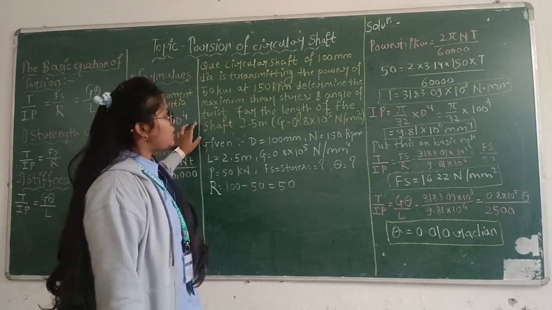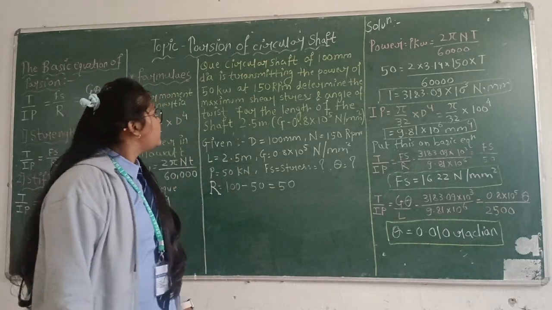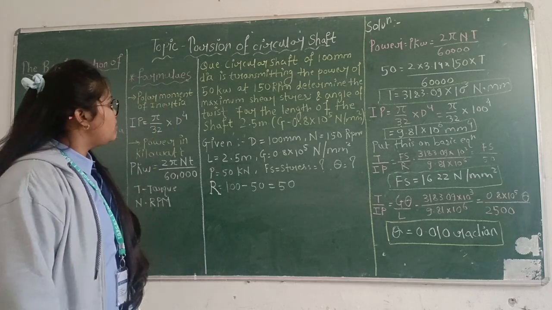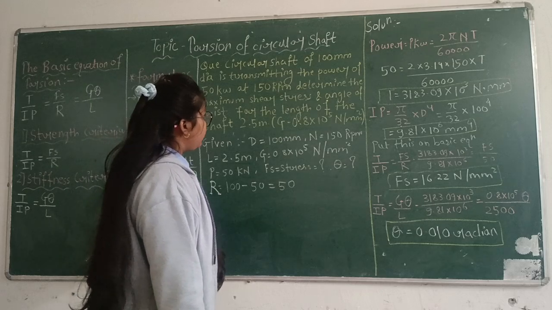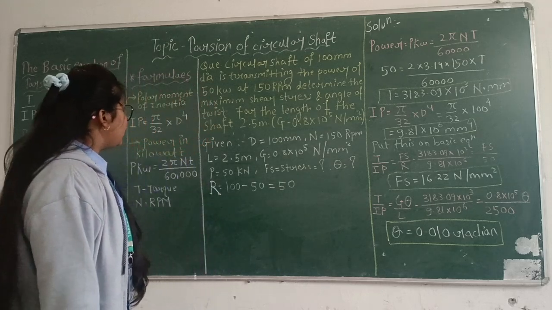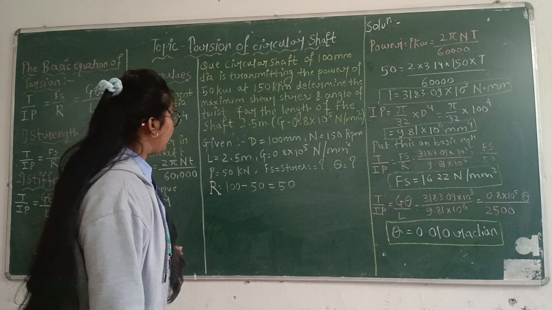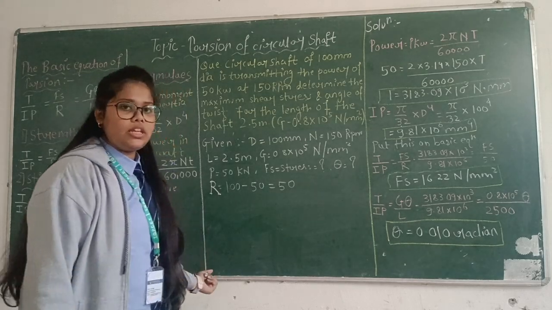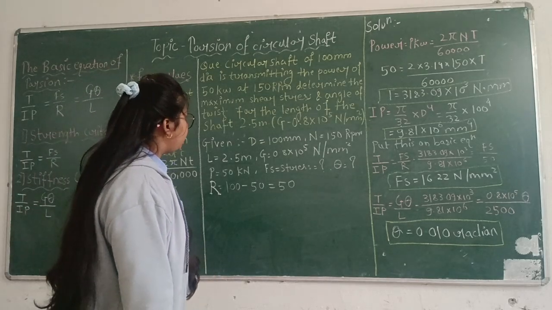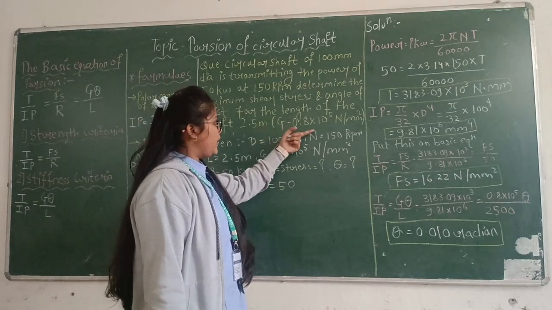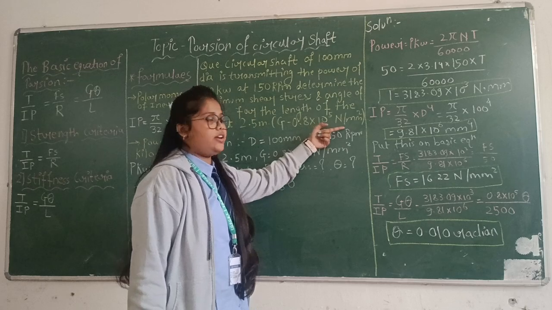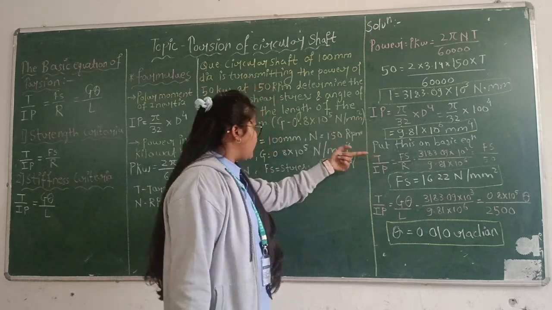A circular shaft of 100 diameter is transmitting the power of 50 kilowatt at 150 rpm. Determine the maximum shear stress and angle of twist for the length of shaft 2.5 meter, and G is given, that is 0.8 into 10 to the power 5 Newton per mm square.